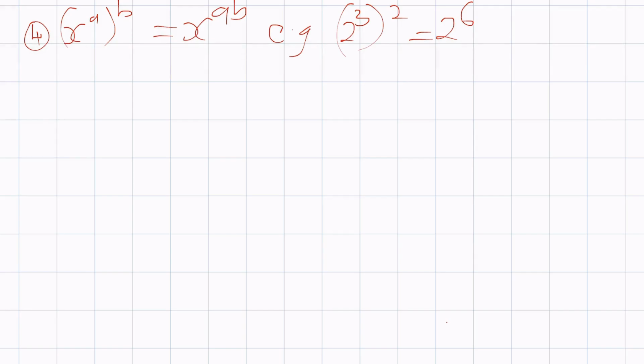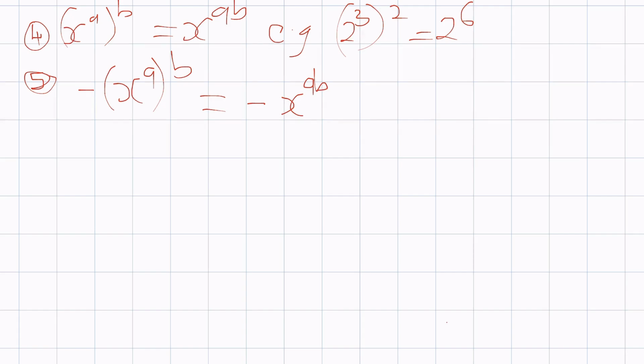Now, I want you to notice a very important difference, and this is where most students make mistakes. On our example number 5, when you're given minus x to the power of a, with only the x to the power of a in brackets, all this being raised to the power of b, this is equal to minus x to the power of ab.